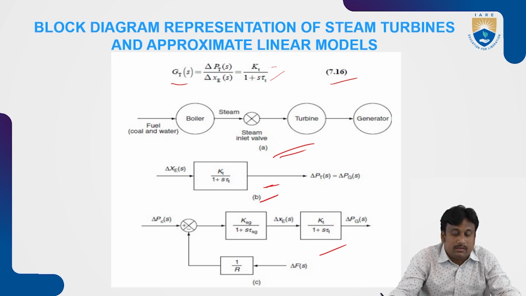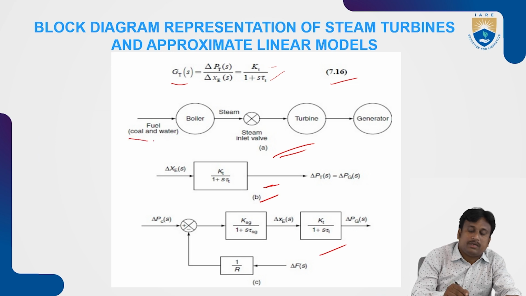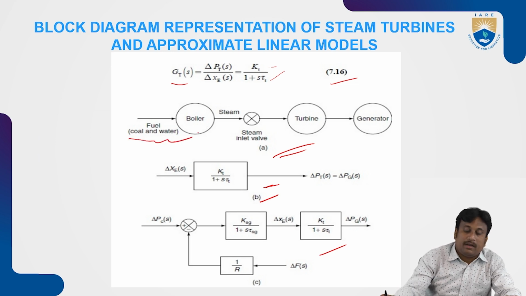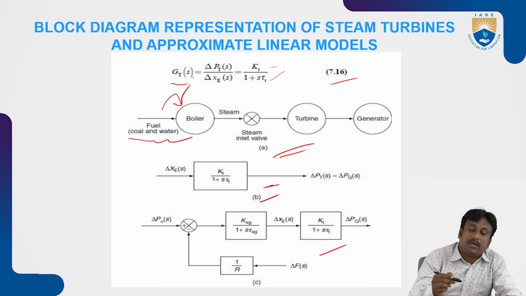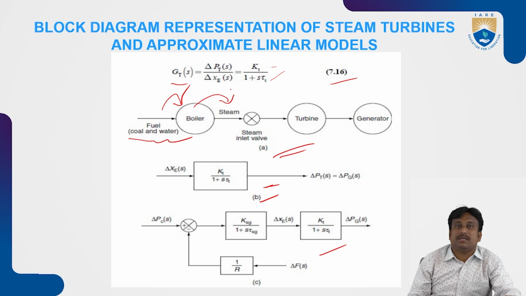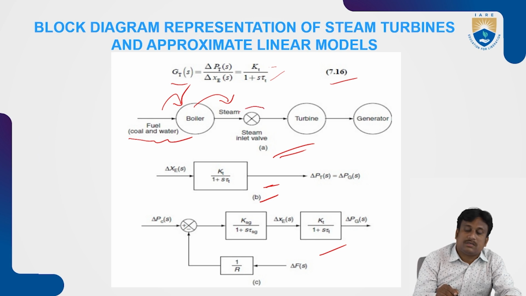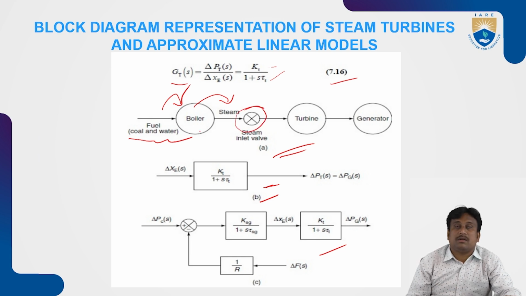Here the input is the fuel, a combination of coal and water, connected to the boiler, which heats and produces steam. This is connected to a chamber called the steam inlet valve, which is connected to the turbine.